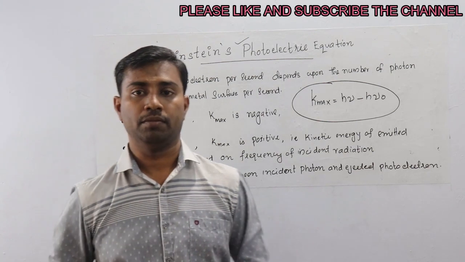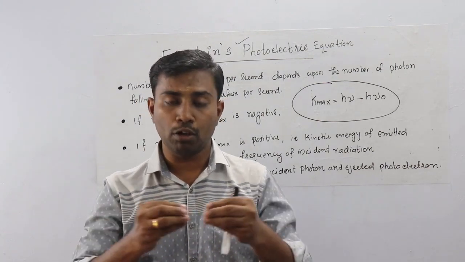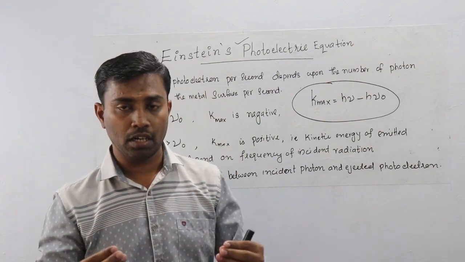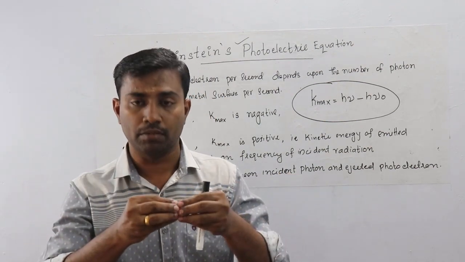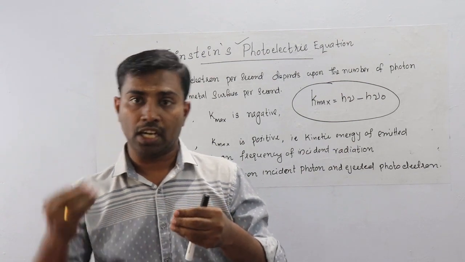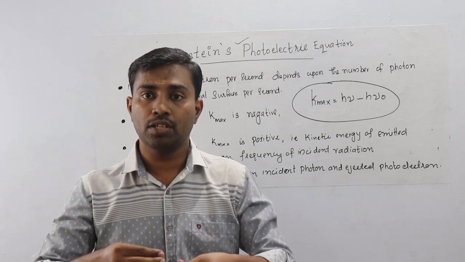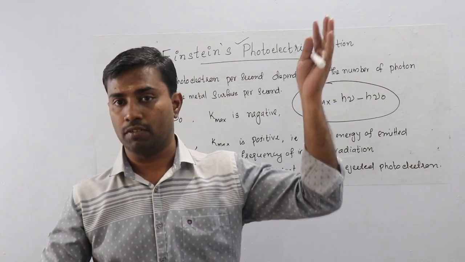And the last point: here the photon and the electron undergo a head-on collision. The photon energy is directly given to the electron, the electron acquires the energy, and it is emitted from the metal surface.